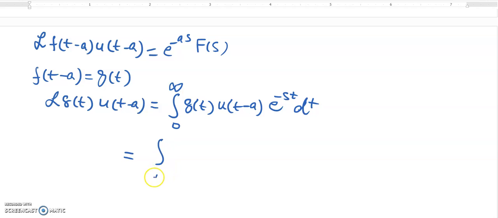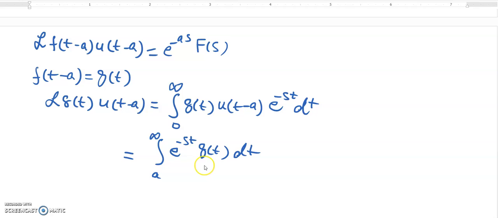So we can write it from a to infinity e power minus st g of t dt, because between a and infinity the value of u will be 1.